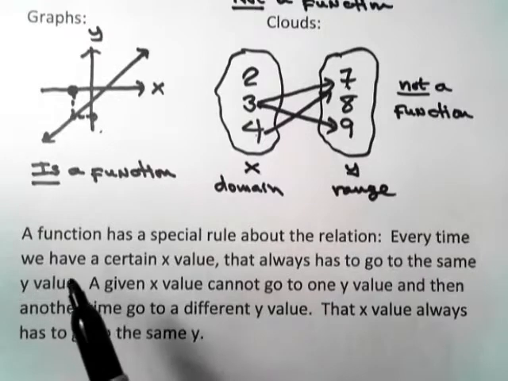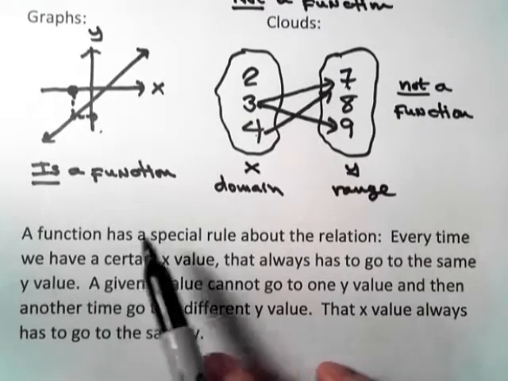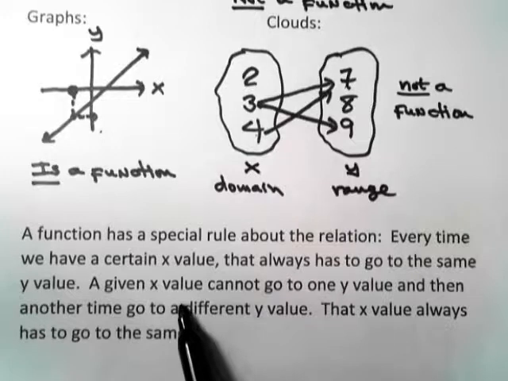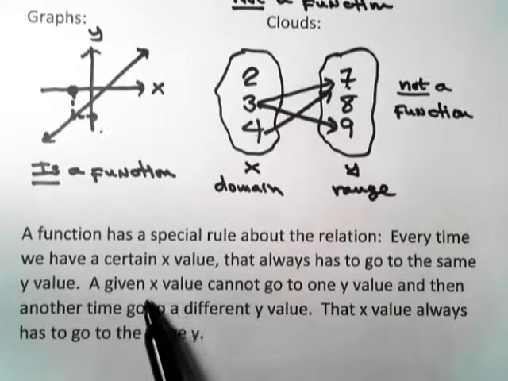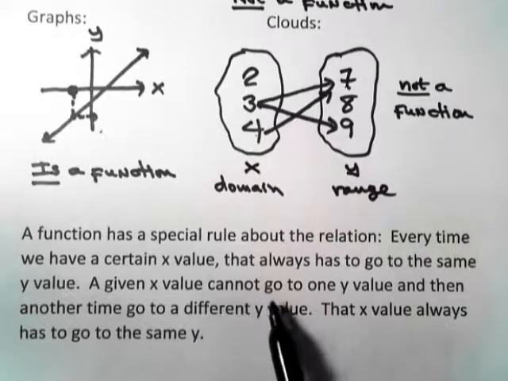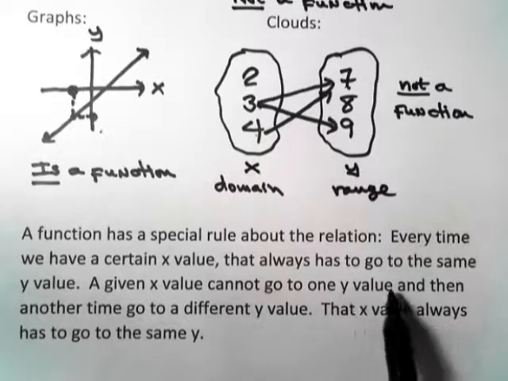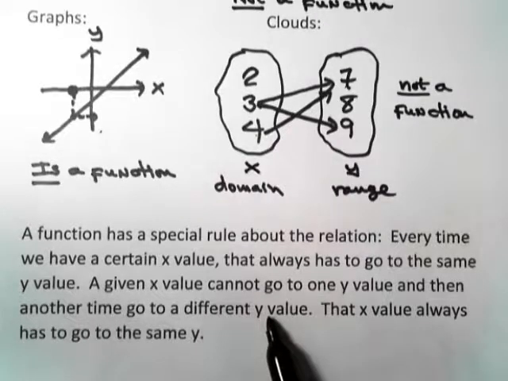So in other words, when you have an x come up, it better always go to the same y. What can't happen is we can't have that x go sometimes to one y value and other times to a different y value. It's always got to be the same to be a function.